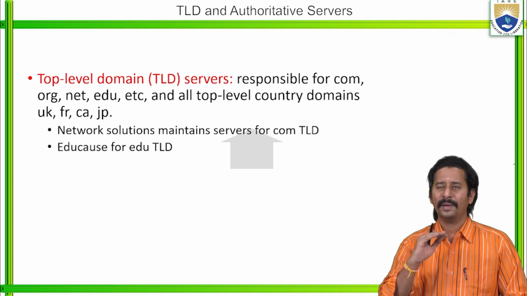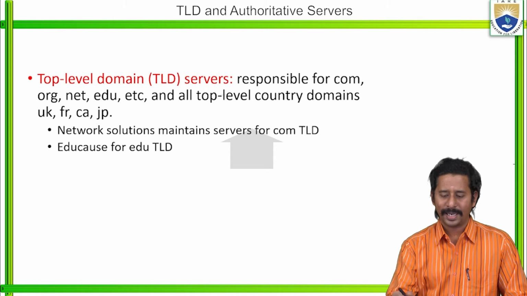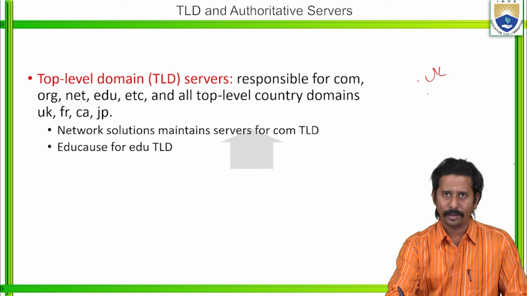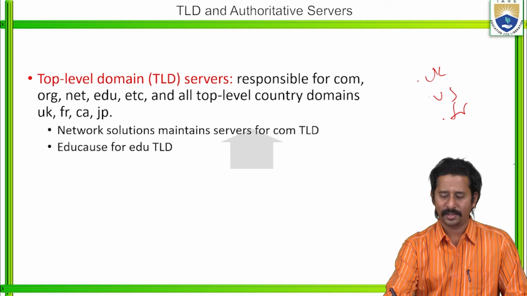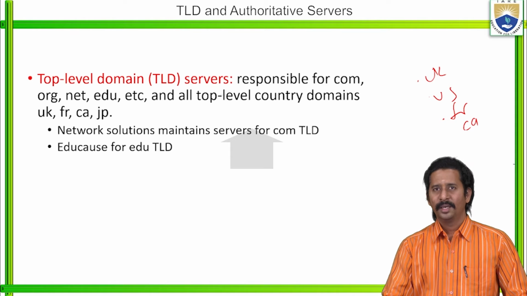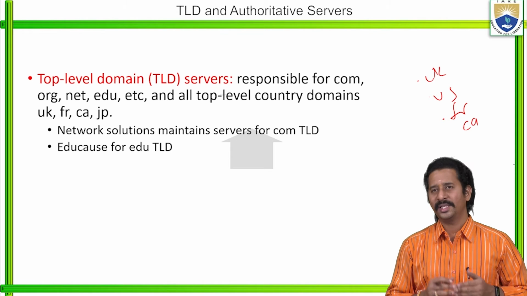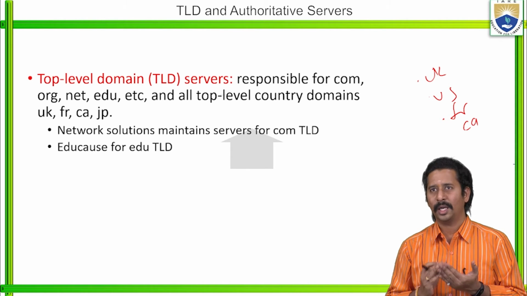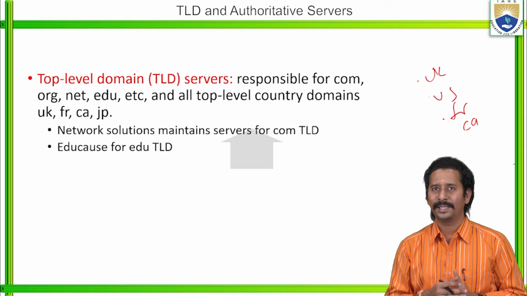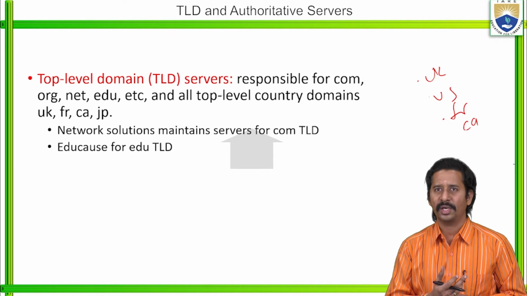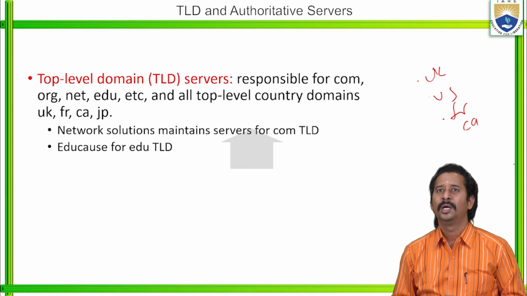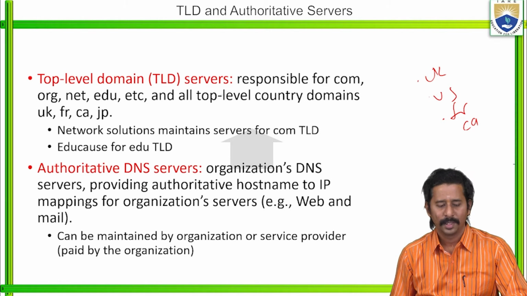And all the top level country domains like .uk, .us, .france, .ca, .japan. So Network Solutions maintains the servers for the .com top level domain servers, then if any organization comes under the educational societies, then EDU calls for the EDU top level domain servers.